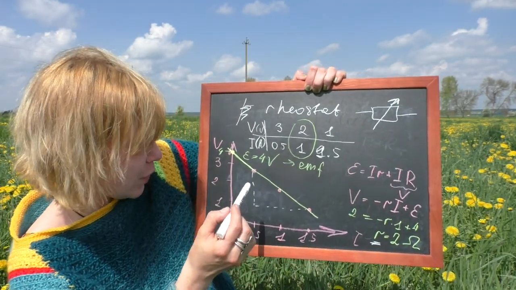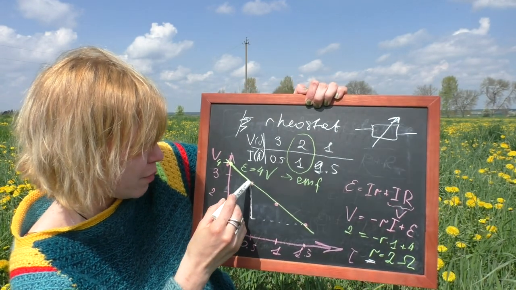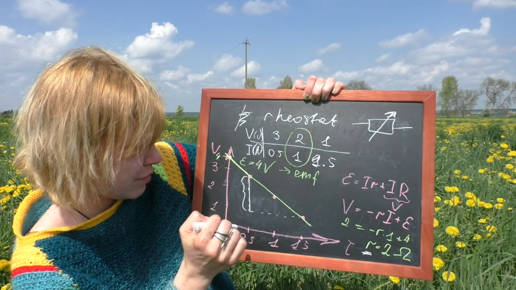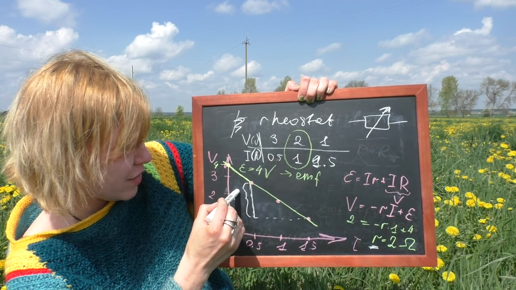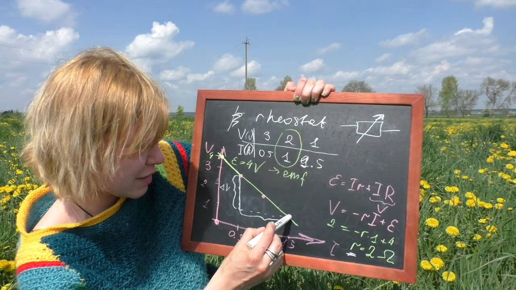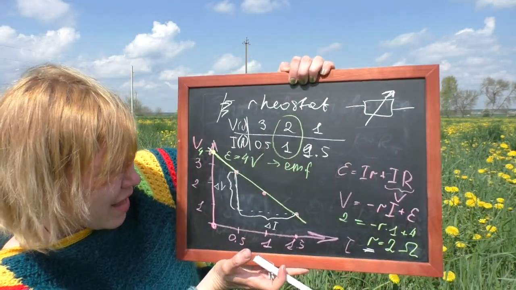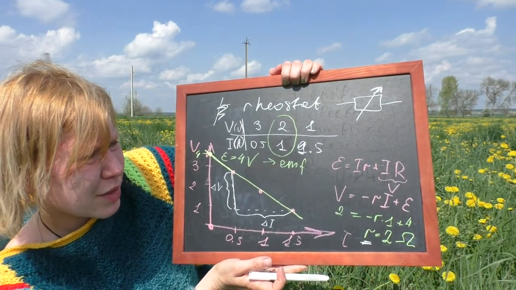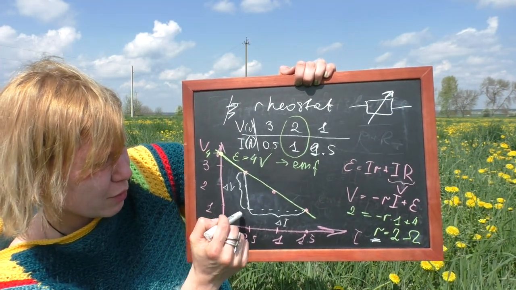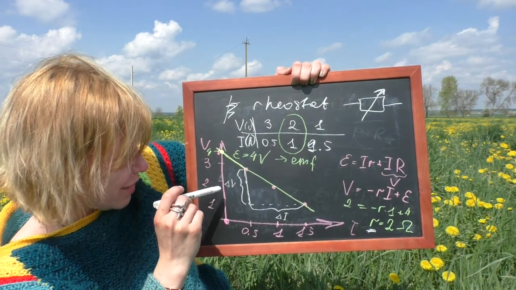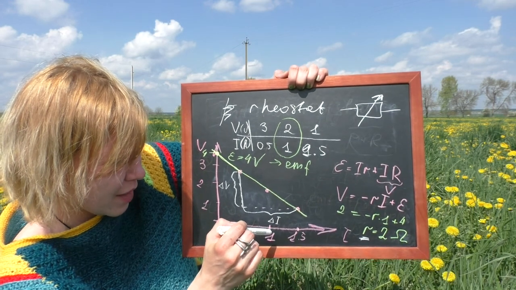And we can see that this part is delta V, and this part is delta I. And when we divide delta V by delta I, it will be 2 divided by 1.